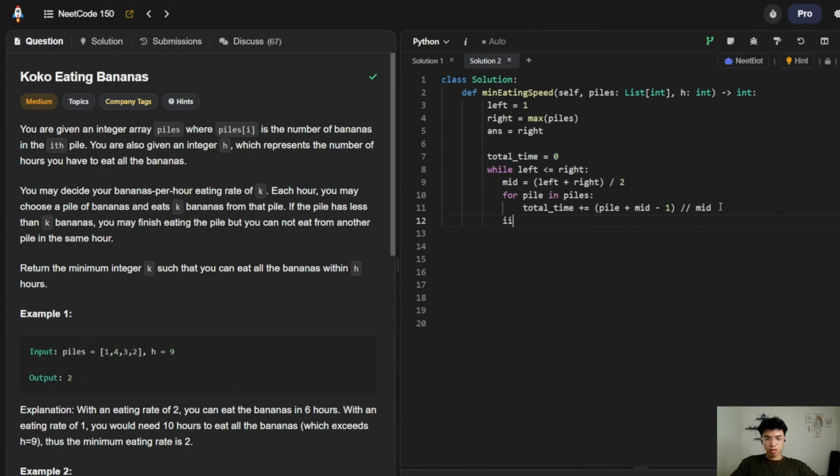The condition: if the total time is smaller than or equal to the limit time, it means our answer is valid.